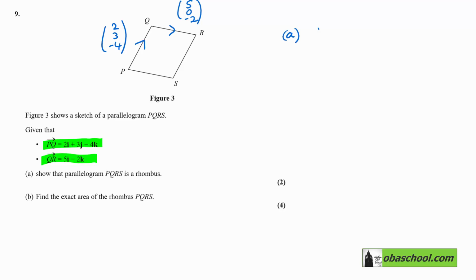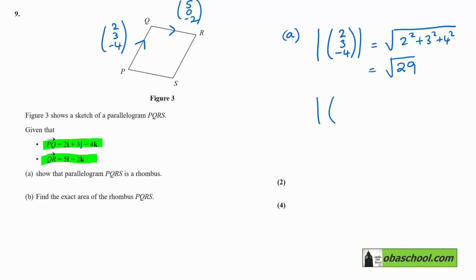So, the modulus of (2, 3, -4) is the square root of 2 squared plus 3 squared plus 4 squared, and that is the square root of 29.